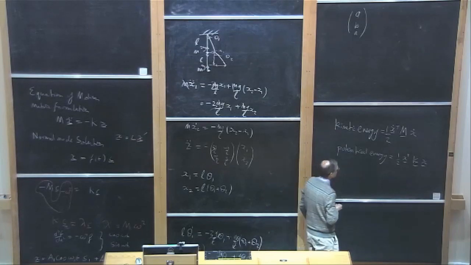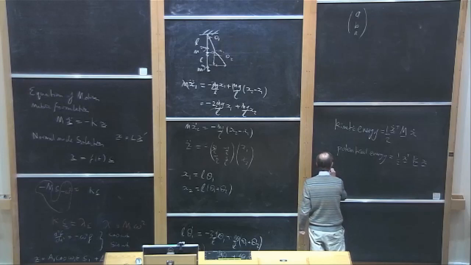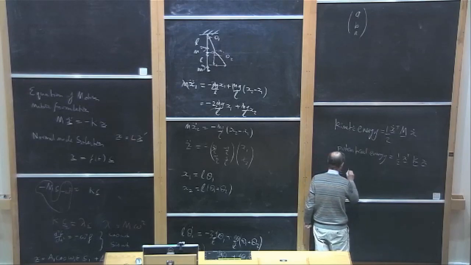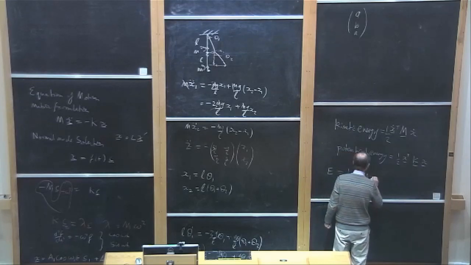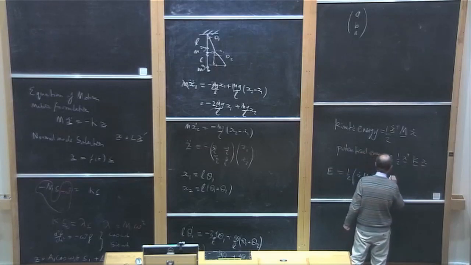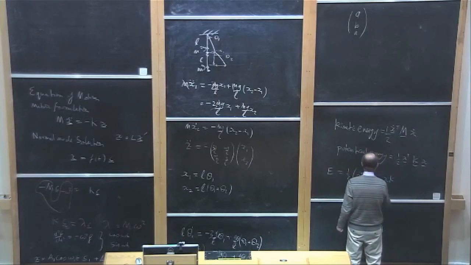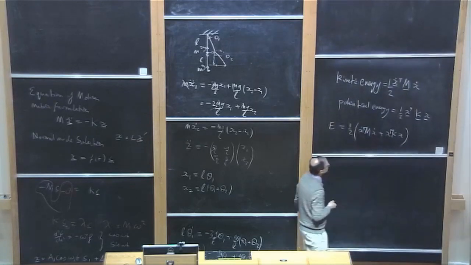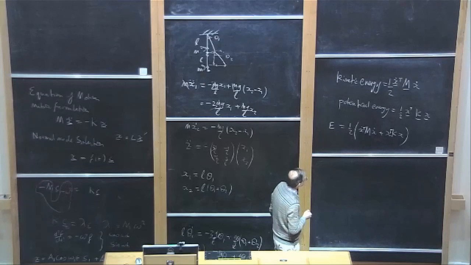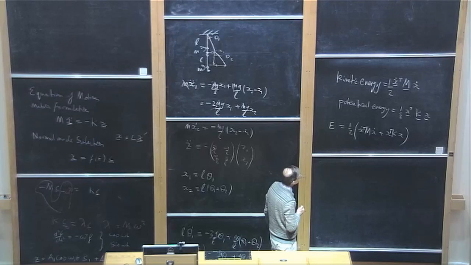And then the total energy E is then a half x dot m x dot plus x transpose k x, and that splits up into an energy of each of the normal modes because of the orthogonality properties of the vectors.